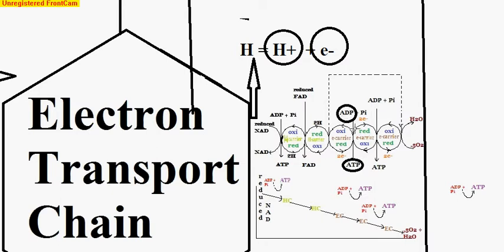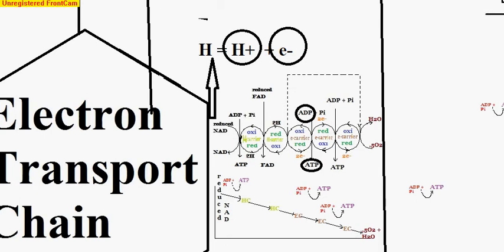So where does this energy come from? This energy comes from the energy which is lost as the hydrogen carriers and electron carriers move to a lower potential energy. So this circle simply shows that the energy is coming from somewhere else, and from ADP we get ATP.